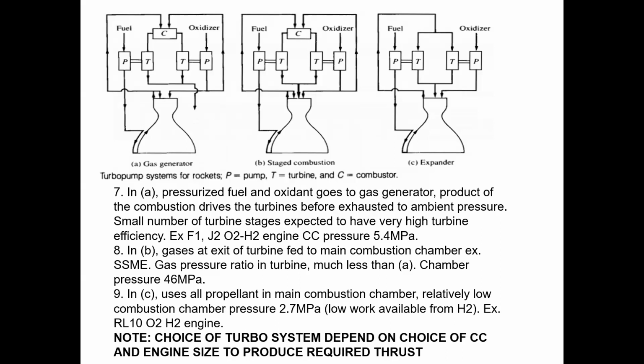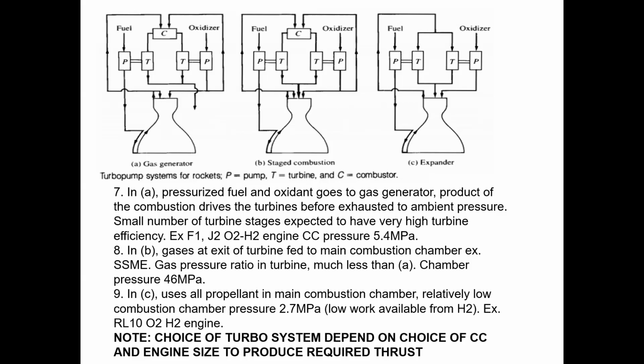In A, you can see the pressurized fuel is entering the gas generator, and whatever the product of that is, it drives your turbine, and that is then sent to the exhaust at the ambient pressure, whether the atmosphere or space. An example of an engine using this gas generator system is the F1 or J2 engine, which uses O2 and hydrogen as oxidizer and fuel. The combustion chamber pressure in that case was 5.4 megapascal.